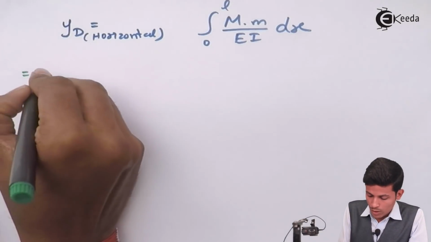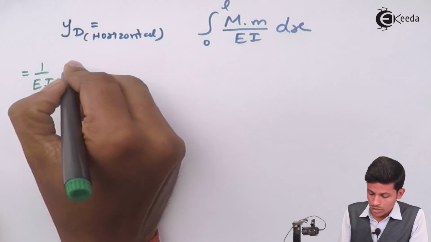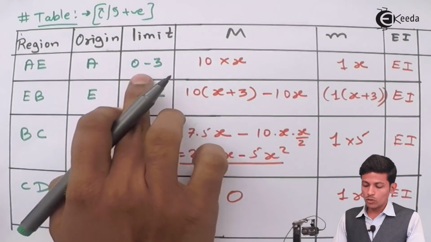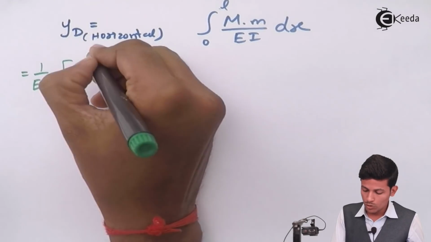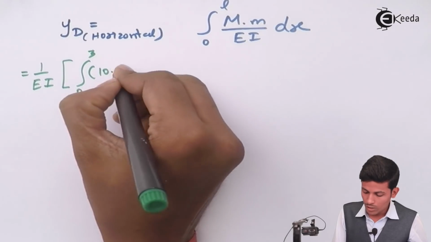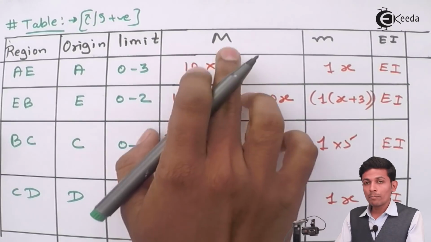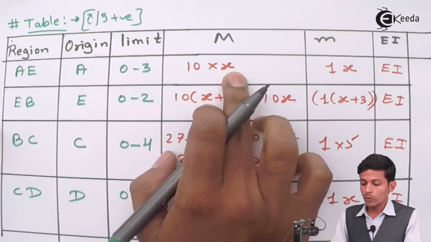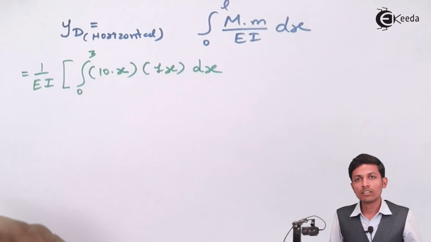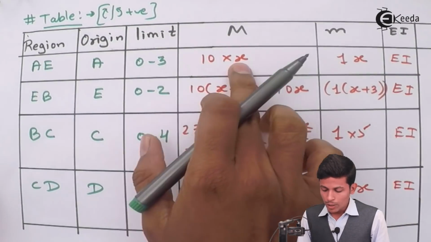Now put all the values that are in the table. Take 1 upon EI constant. Now see, this is going 0 to 3, so limit will be 0 to 3. After that 10 into x, into small m, so 10 into x into this x, this will come as 1x dx. Now we have done the first part, 10 into x into 1.